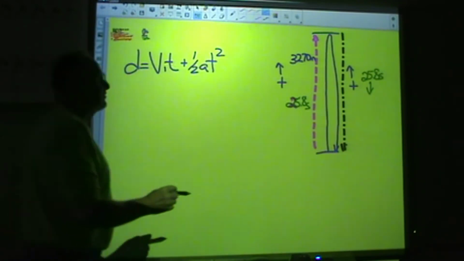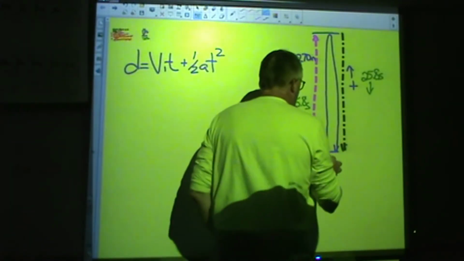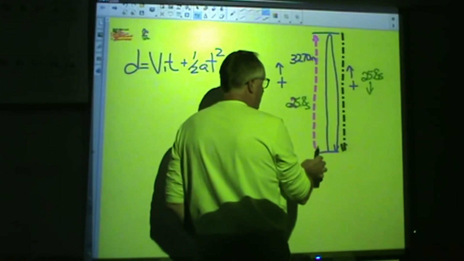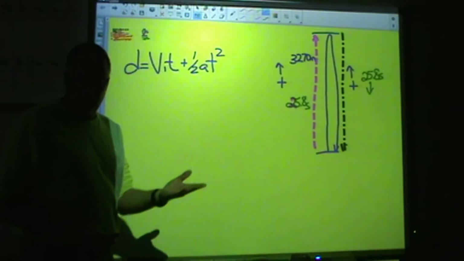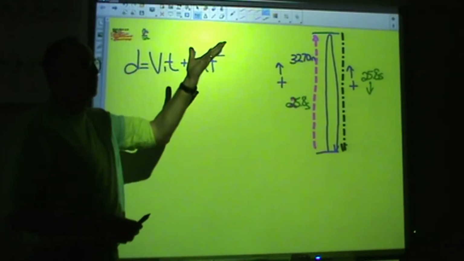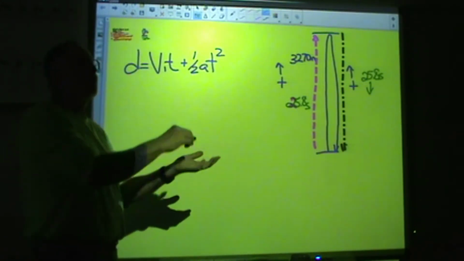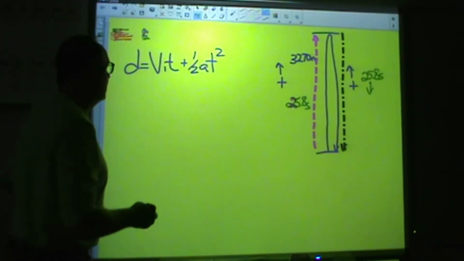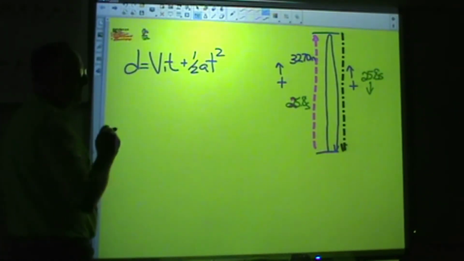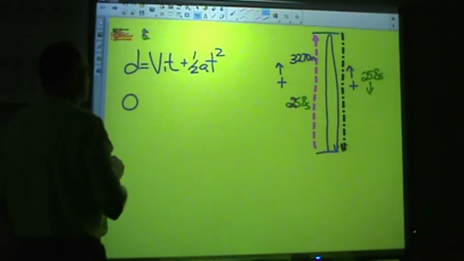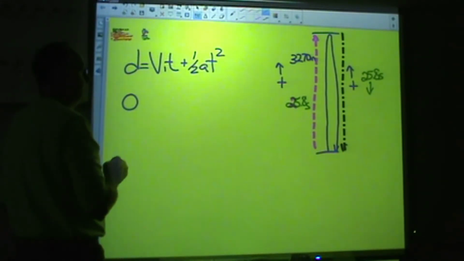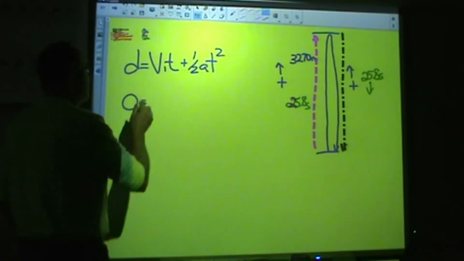If we want to know how long it took to go from here all the way up and down to catch it, the total trip, what's the displacement? 0. Okay, so the displacement is going to be 0. It's going to end up same place that it started, and equals v1.